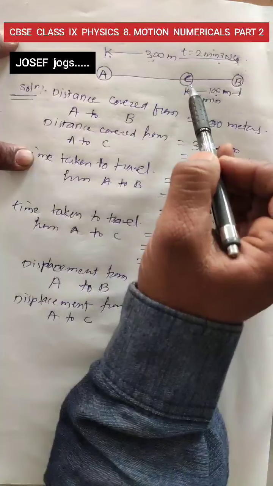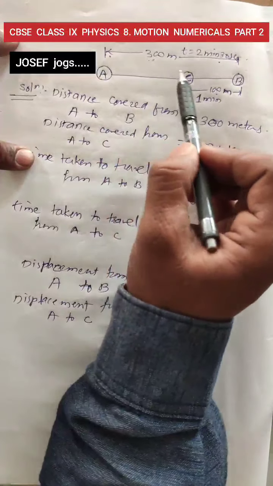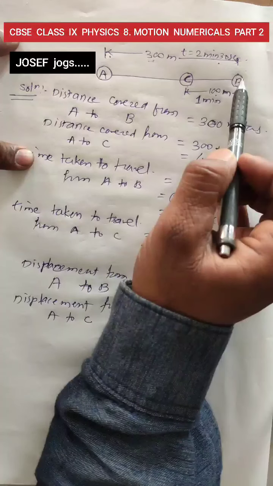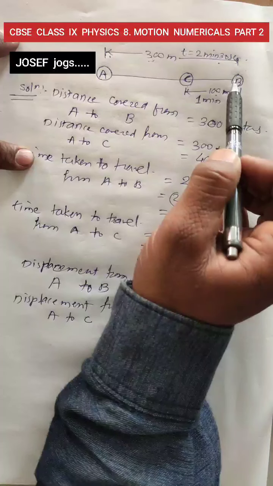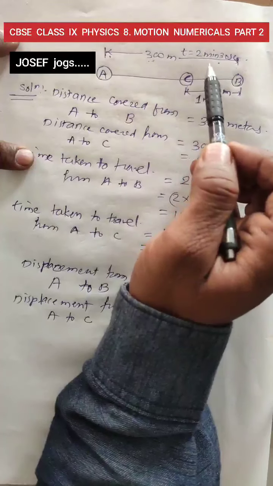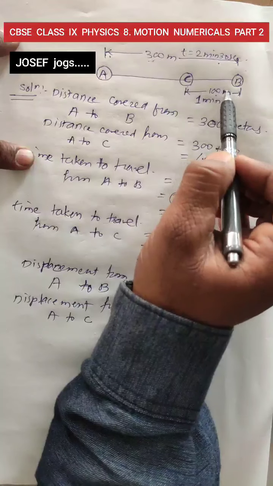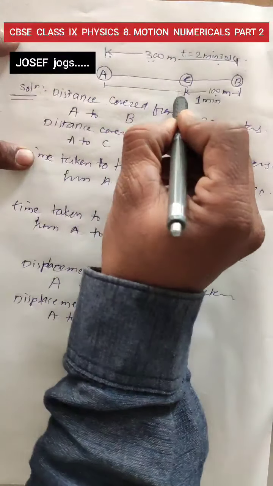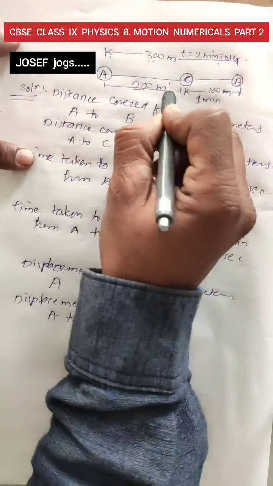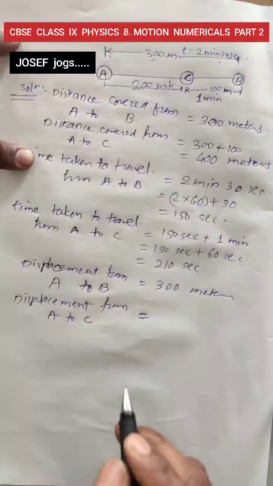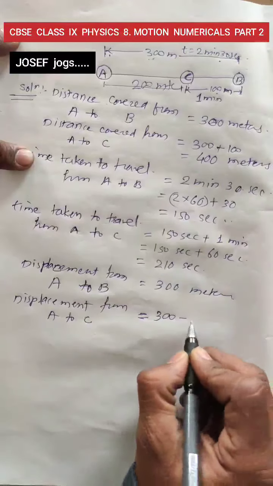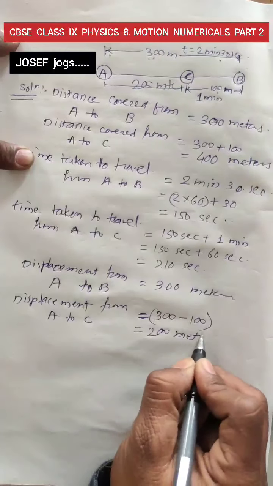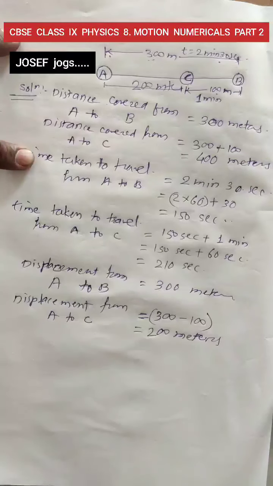But point C lies between the points A and B. When Joseph reached point B, then he turned around, and in the reverse direction he walked 100 meters towards A. That means the actual displacement from A to C is 200 meters, that is 300 minus 100. So that is 200 meters. Okay. So it's not a distance, it is a displacement.